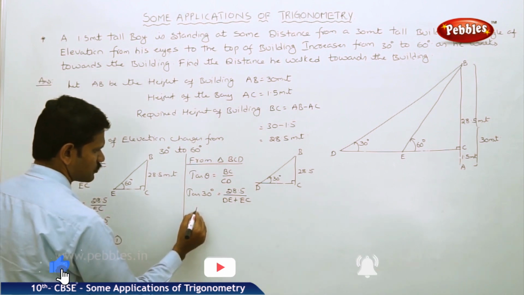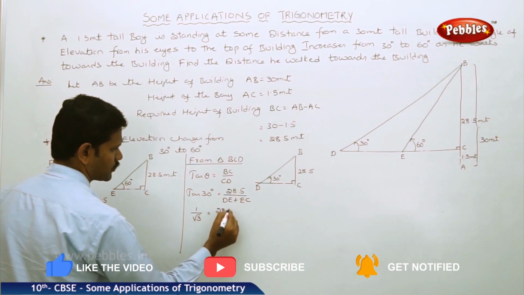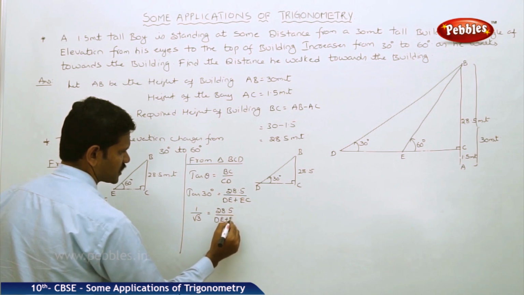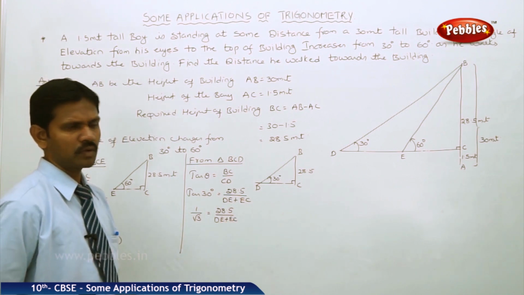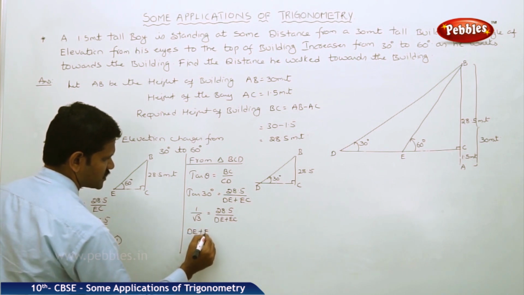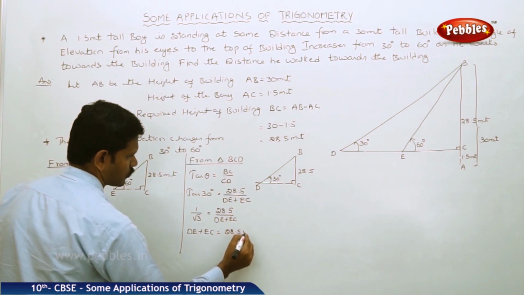Now tan 30 is equal to 1 by root 3, equal to 28.5 by DE plus EC. Now cross multiply, DE plus EC is equal to 28.5 root 3.